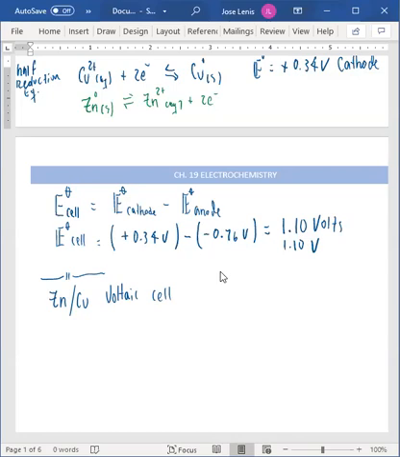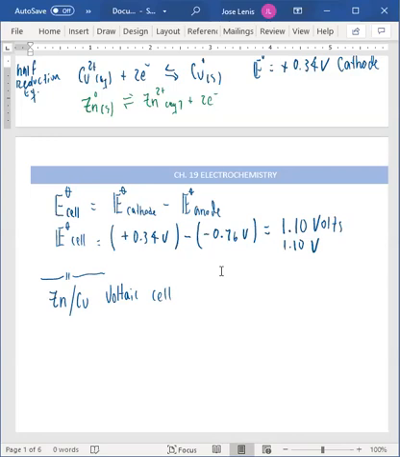So let's summarize. Electrochemical cells can be of two types. One is the voltaic cells, and the other one is the electrolytic cells.